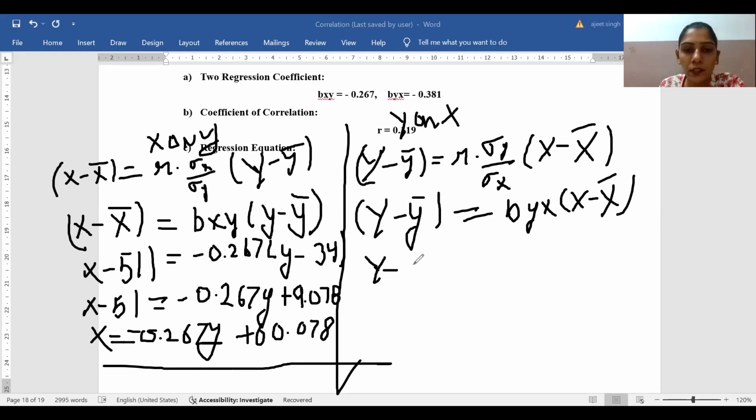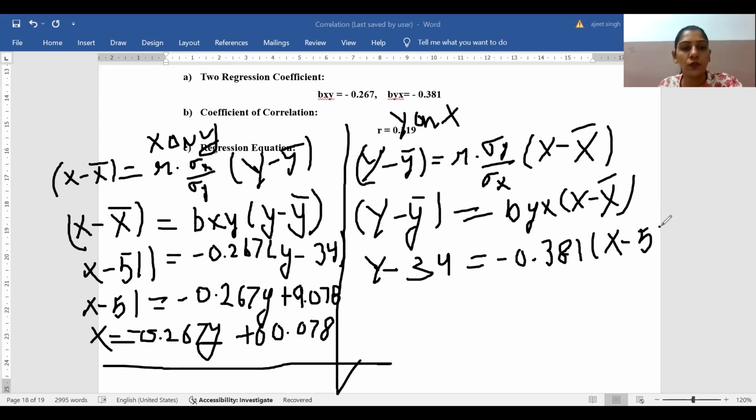So y minus 34, that is y minus y bar, and byx is minus 0.381, bracket x minus x bar, which is 51.